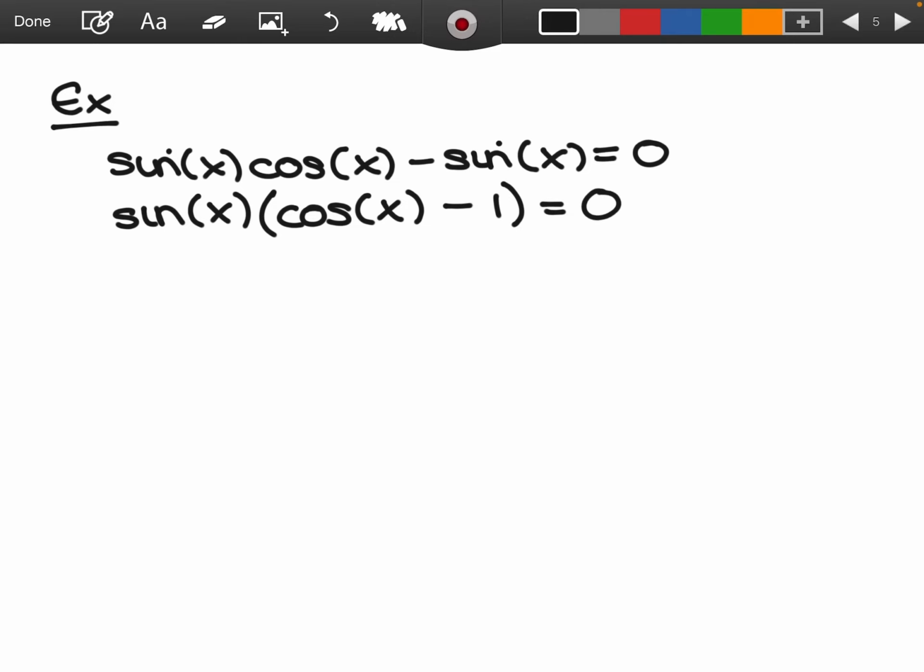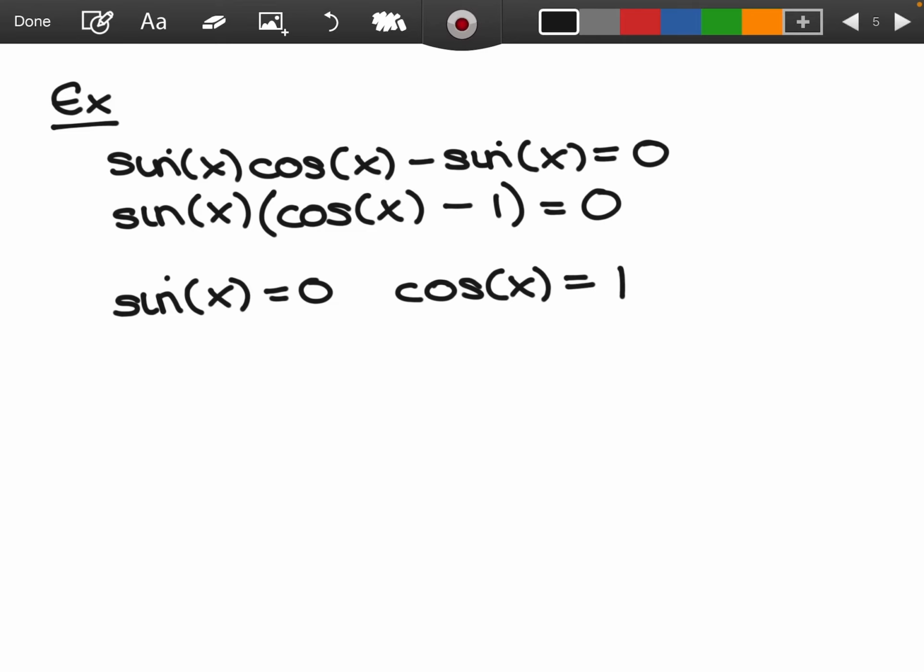So I get sine of x multiplied by cosine of x minus 1 equals 0. Same as when you factor any polynomial. This tells me that either sine of x is 0 or cosine of x minus 1 equals 0, or both. So that gives me that sine of x is equal to 0 or cosine of x minus 1 equals 0, which means cosine of x equals 1.